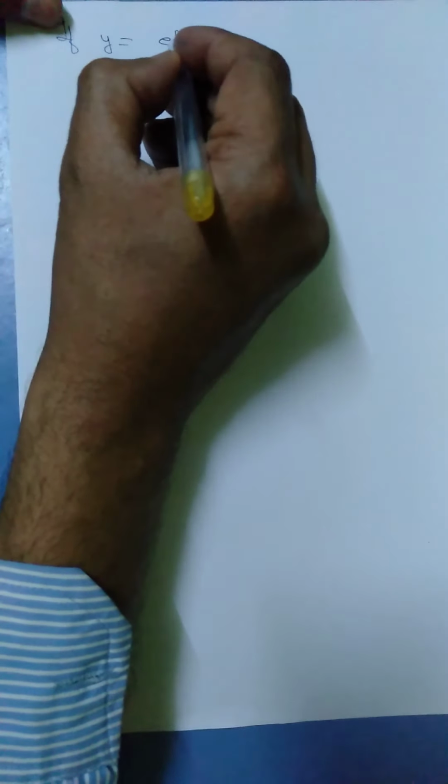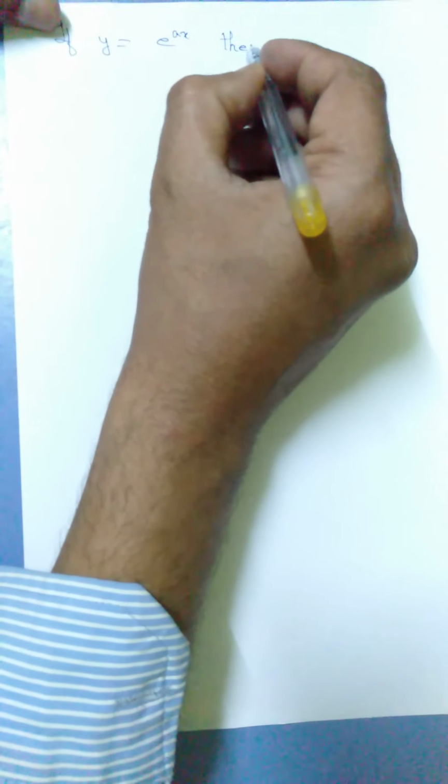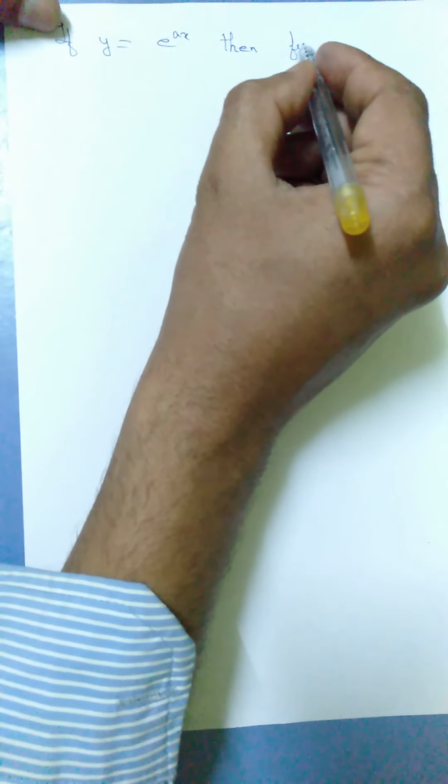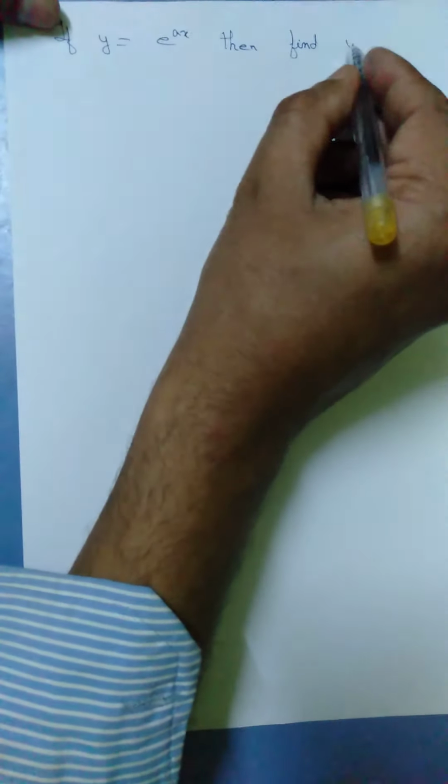Okay, next let us look at the question. If y equal to e to the power ax, then find y_n, that is the nth derivative of y with respect to x.